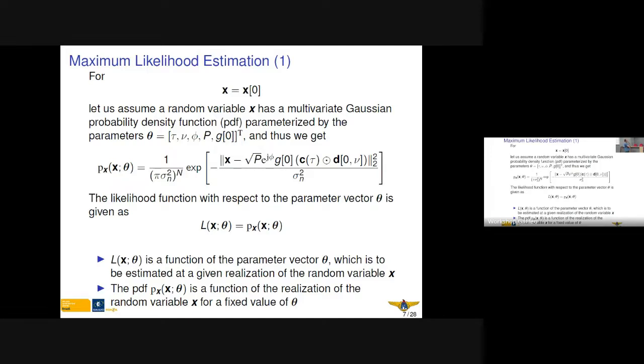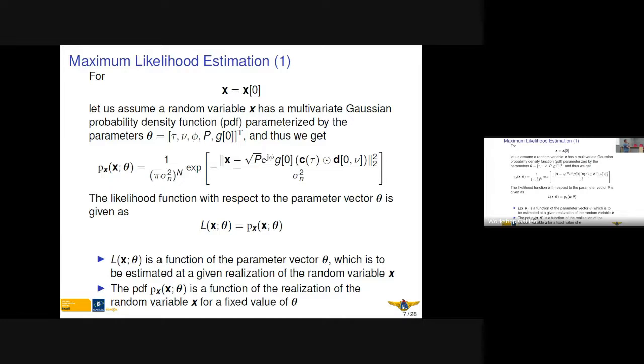The likelihood is a function of the parameter vector theta, which is to be estimated, at a given realization of the random variable x. And the PDF is a function of the realization of the random variable x for a fixed value of theta.